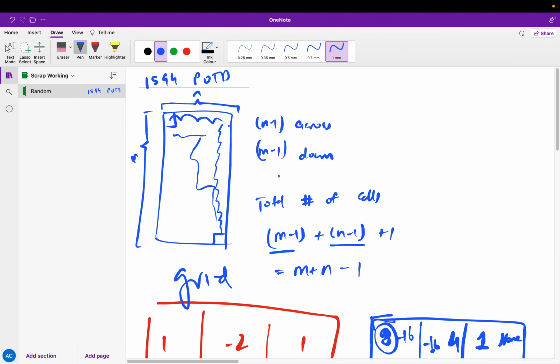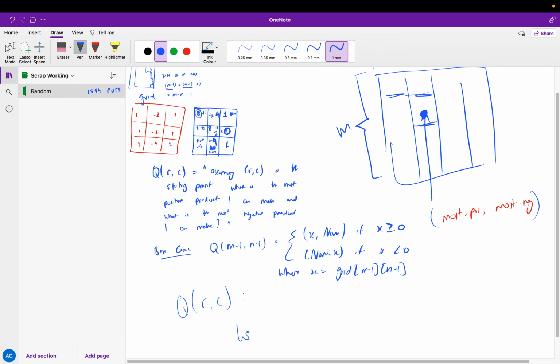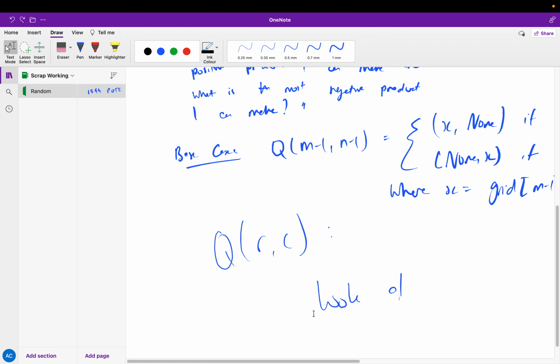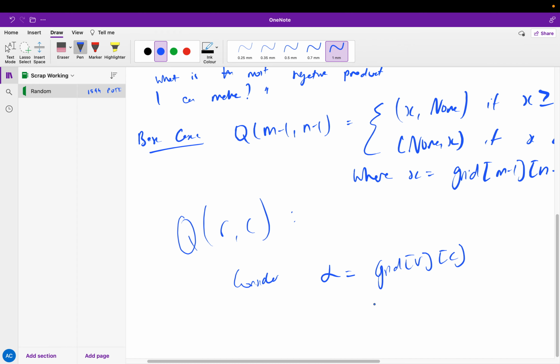And hopefully, to solve any particular subproblem, Q of some particular row, some particular column, consider the grid at that particular R and C. We'll call the value at RC alpha.